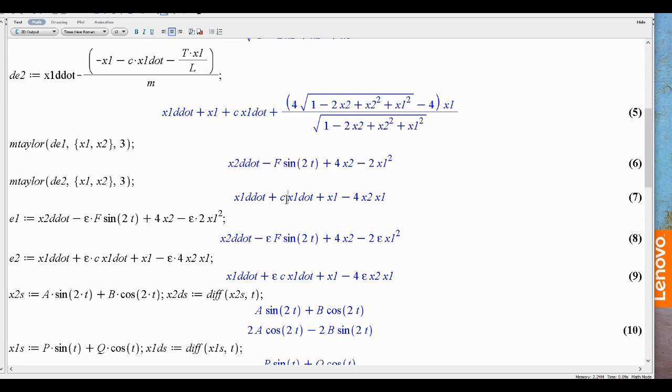Now I come here, let's see now. Here, this is epsilon already, this is epsilon already, this is epsilon already, and this is epsilon square. Okay, so after I divide by epsilon, this will be order epsilon.